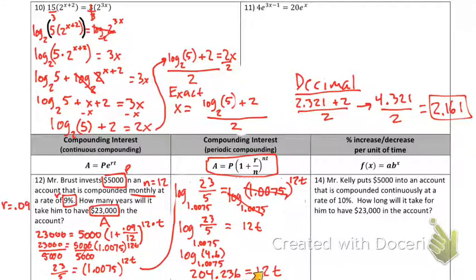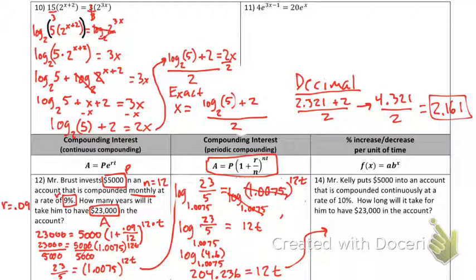Now we've got to solve for t, so I'm going to divide both sides by 12. Let's continue this over here.